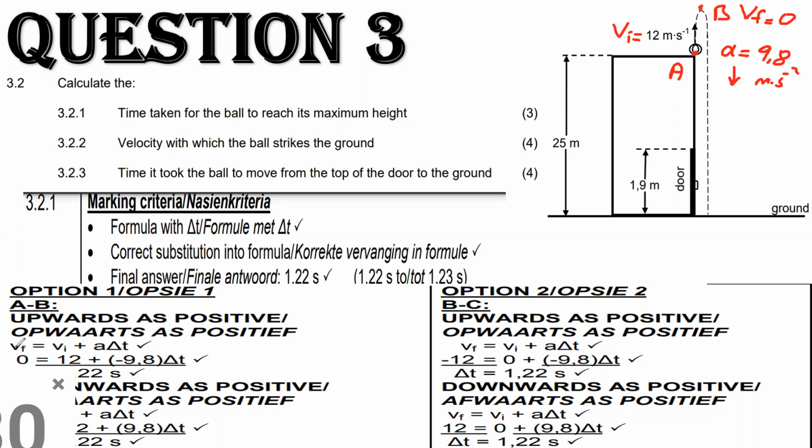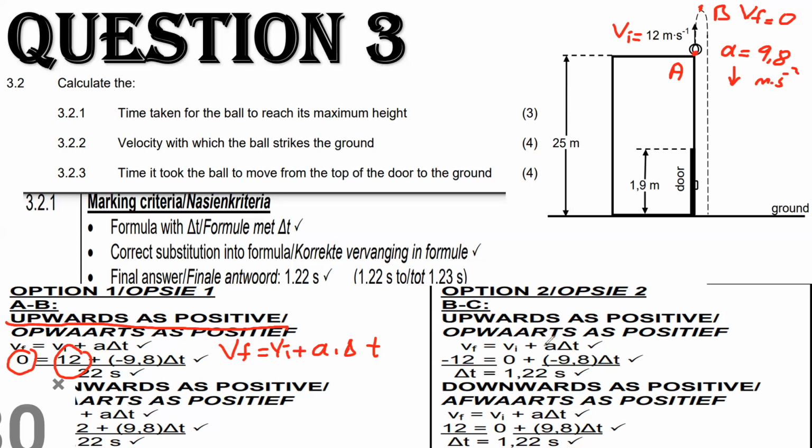Then we use this formula from the formula box: V final equals V initial plus A times delta T. What is V final? 0. You see here also, V final equals 0. V initial is 12. If you say up is positive, you choose positive.